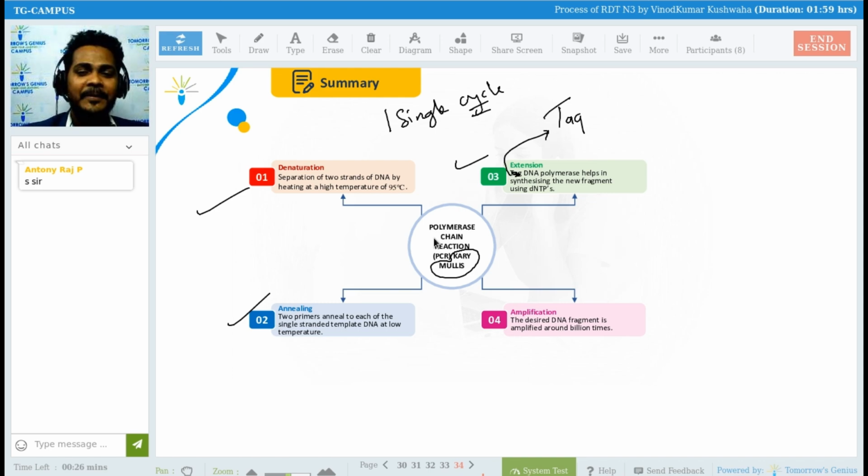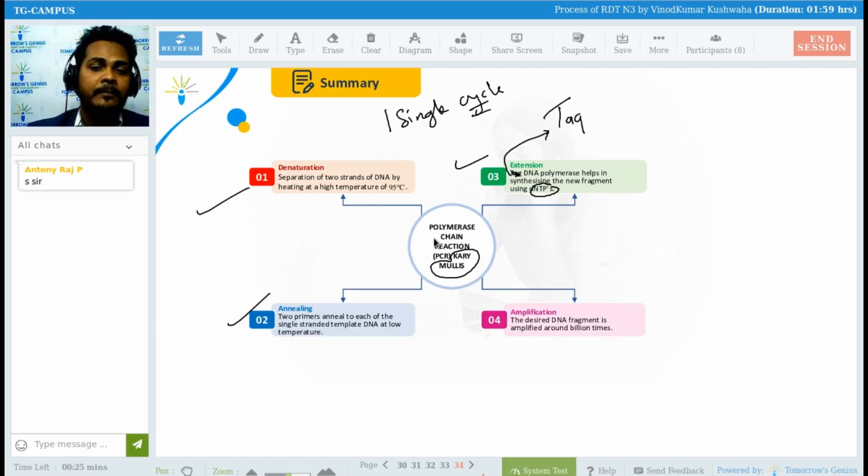And what is dNTP, yes, sir? See, dNTP, deoxynucleotide triphosphate, is what the enzyme is going to use. To break the phosphate group, it requires energy, right?